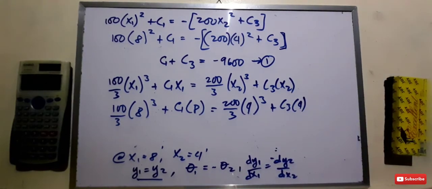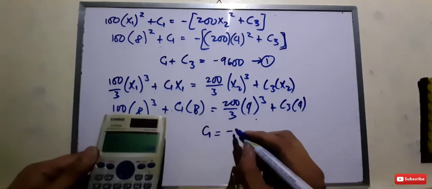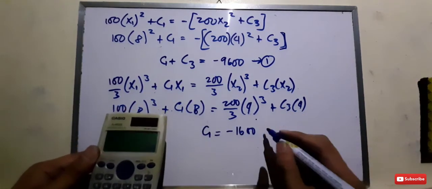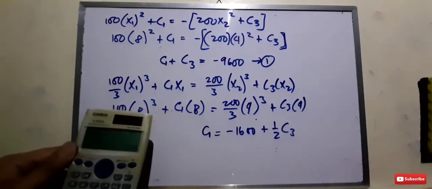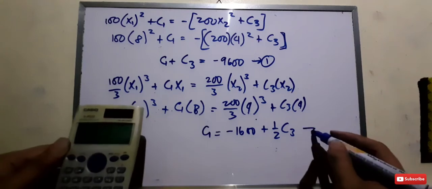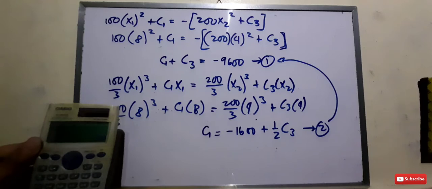Okay? So, evaluate lang natin. You will have negative 1600 plus 1/2 C3. And then you will substitute, this is equation 2. Substitute mo ngayon sa equation 1.